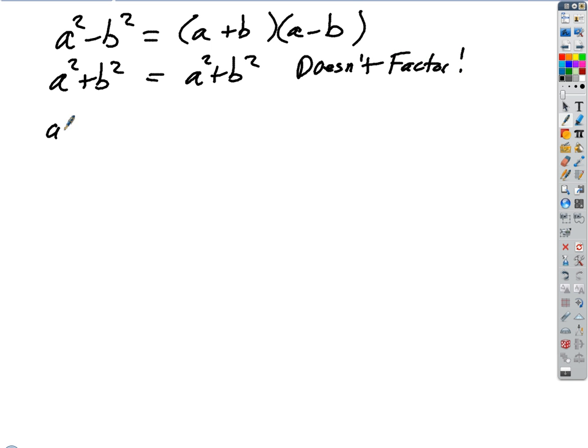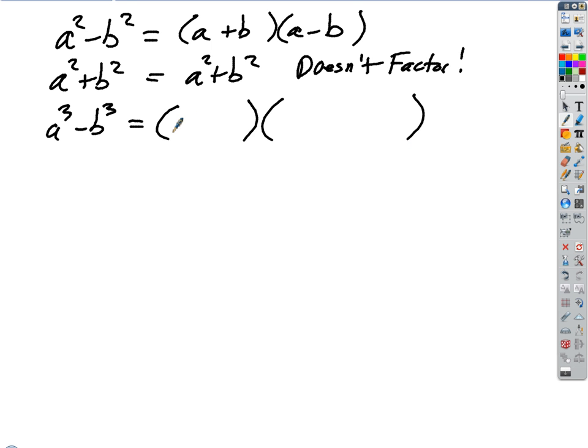Okay, how about A cubed minus B cubed? We know we're going to have a linear and a quadratic, right? Now, let's put in the terms first. What are the terms?